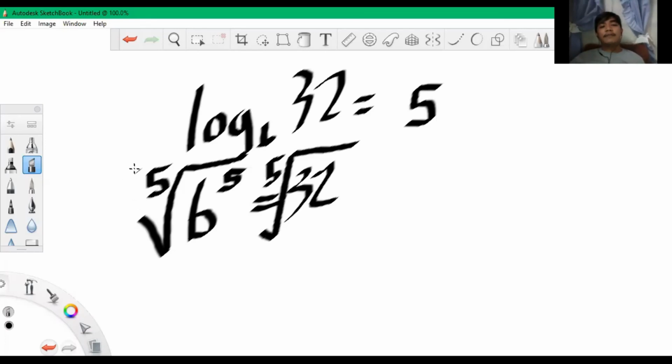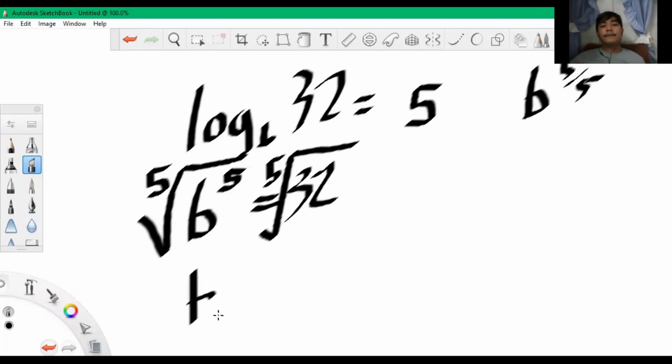So, dahil may fifth root na tayo dito, ang mangyayari dito pag ginawa natin exponent, di ba? Ang mangyayari dyan is b raised to 5 over 5. So, pag kinonvert natin to sa fraction form na walang radical sign, ang mangyayari dyan is b raised to 5, its exponent is 5, and its denominator will become 5 since yung index natin dito sa labas ang nakasulat ay 5. So 5 divided by 5, that is equivalent to 1.